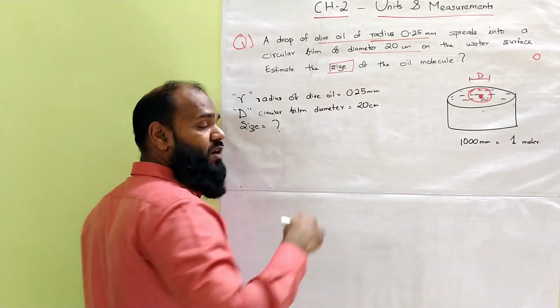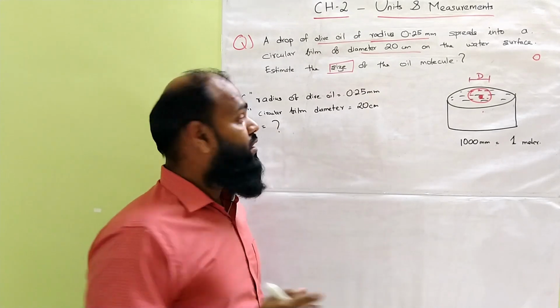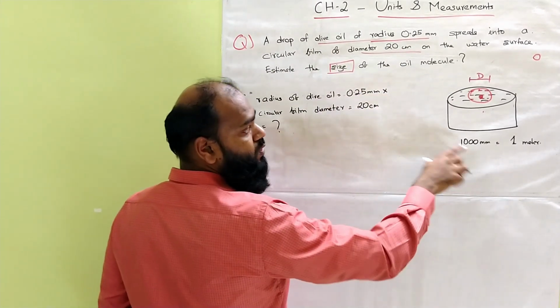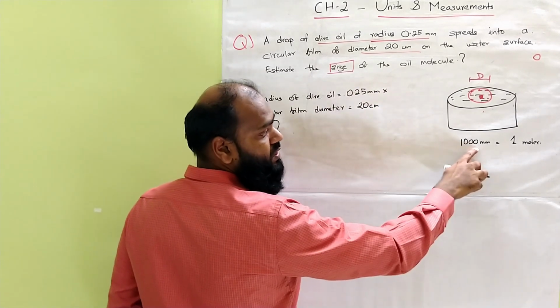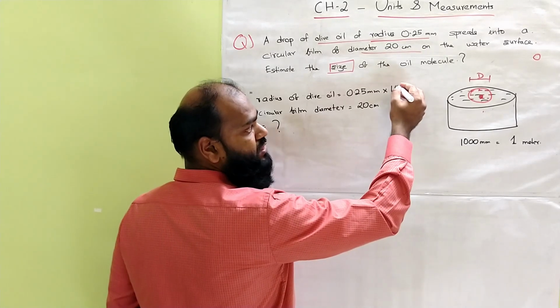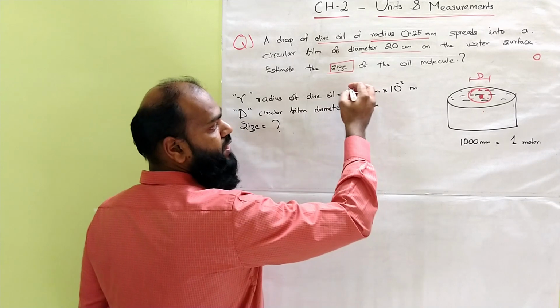For converting a smaller unit to a bigger unit, you need to divide. Therefore, I am dividing this value 0.25 by 1000 to convert it into meter. Instead of writing divided by 1000, I am writing 10 raised to minus 3 meter. So this whole thing changes into meter.